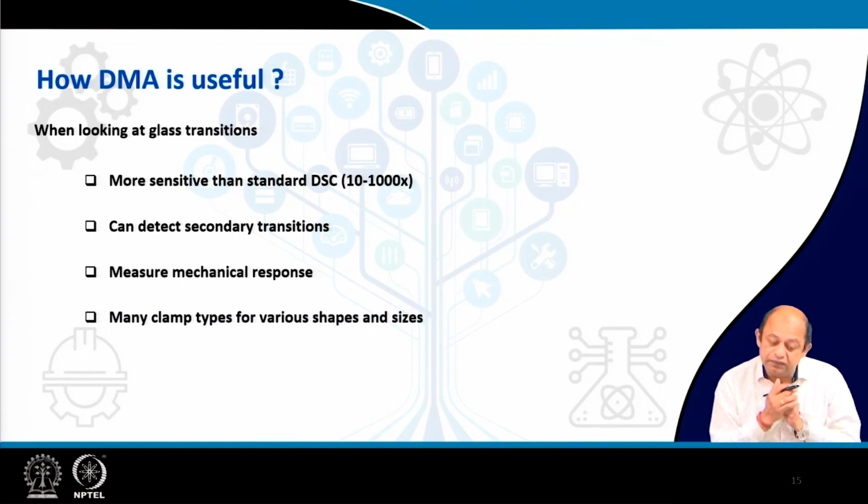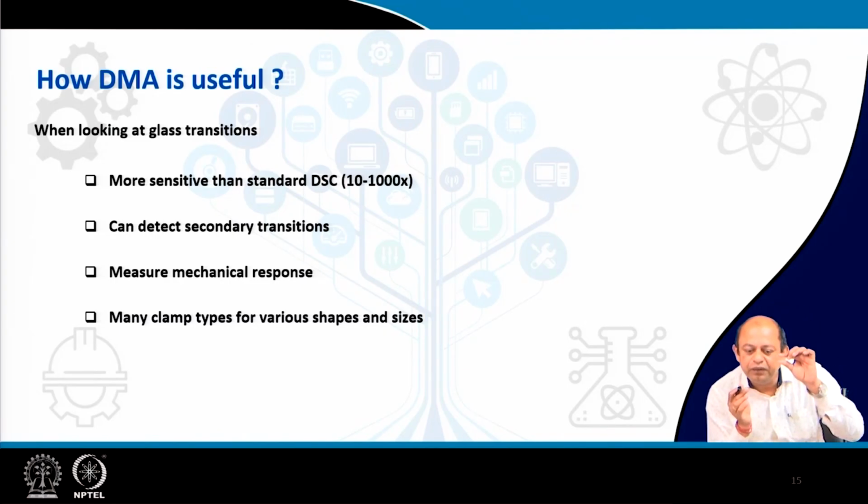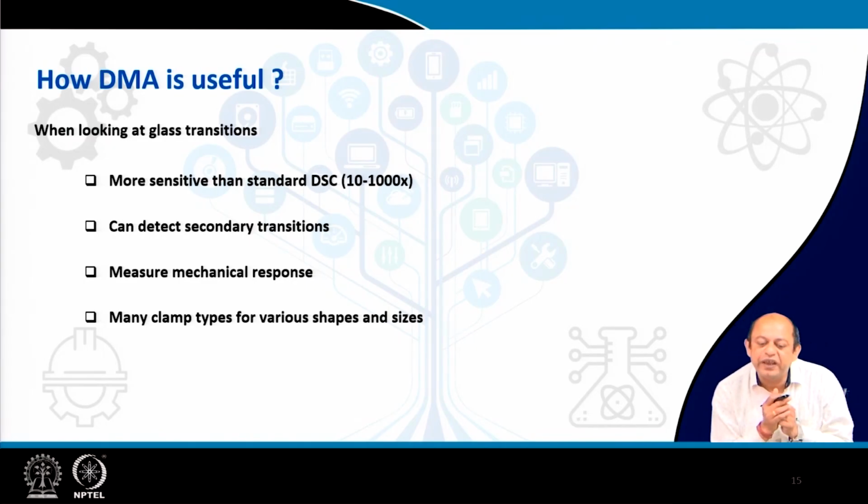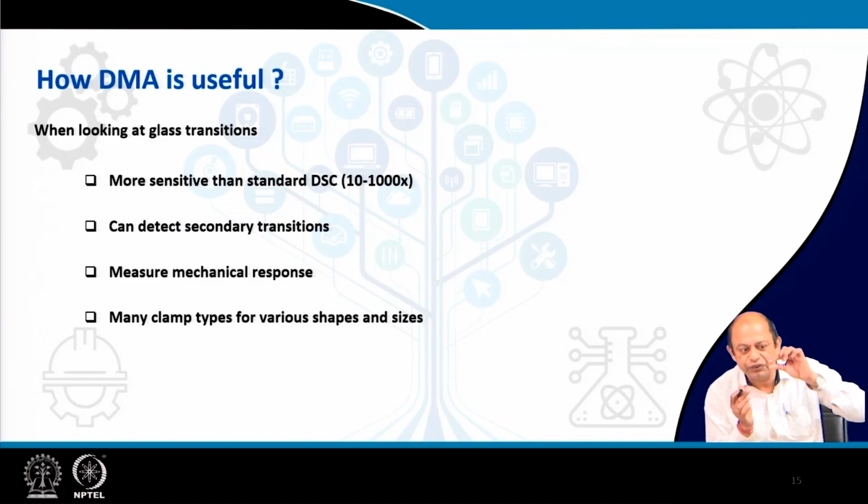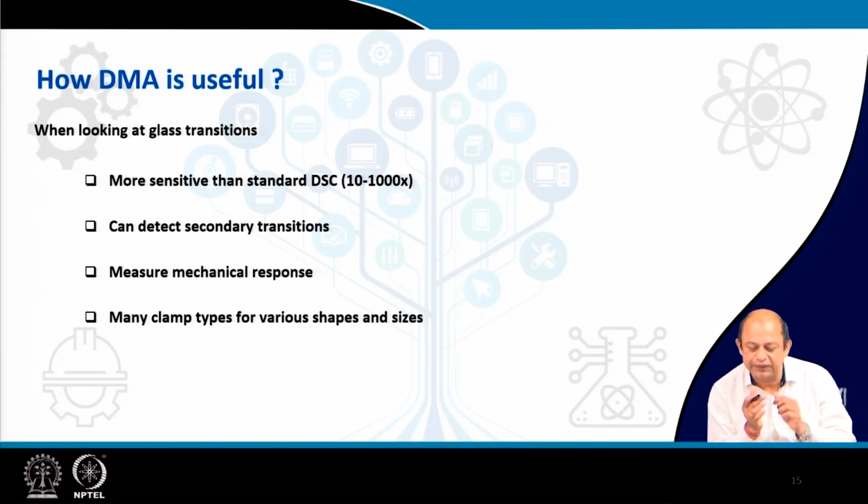As I mentioned, it can detect secondary transition. Secondary transition may be associated with a small change in enthalpy that, if your DSC is not so accurate and precise, may be ignored. But TMA will be able to detect it, giving rise to a certain amount of change in modulus basically. It measures mechanical response also. As you can see, it is a dynamic experiment.